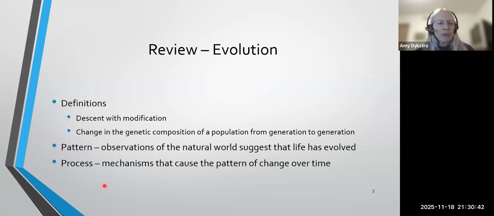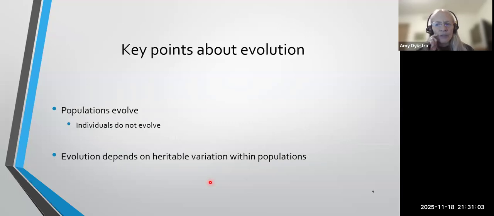And then we're going to move into talking more about the process, the mechanisms that cause the pattern of change over time. And we are going to start with genetic variation, which is the raw material for any kind of change in a population.